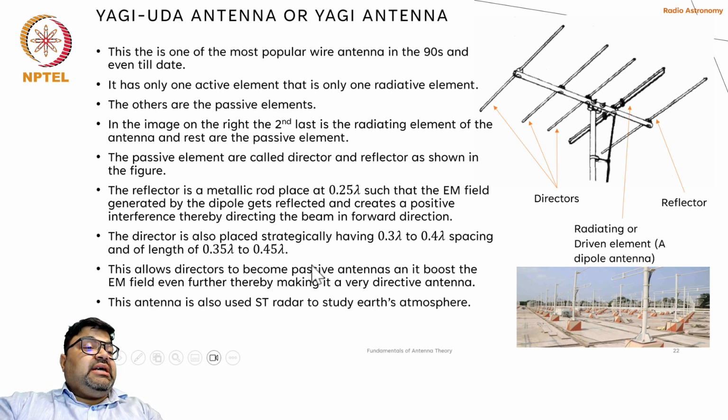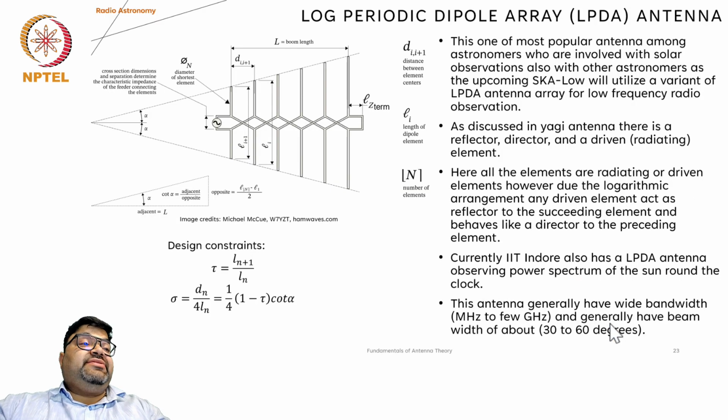This allows directors to become passive antennas that boost the electromagnetic field even further, thereby making it a very directive antenna. This type of antenna is also used for ST radar. In fact, there are a few ST radars in Kolkata as well as in Gadanki in Tirupati. Similar designs are available for those kinds of radars, which operate in both transmitting and receiving modes.